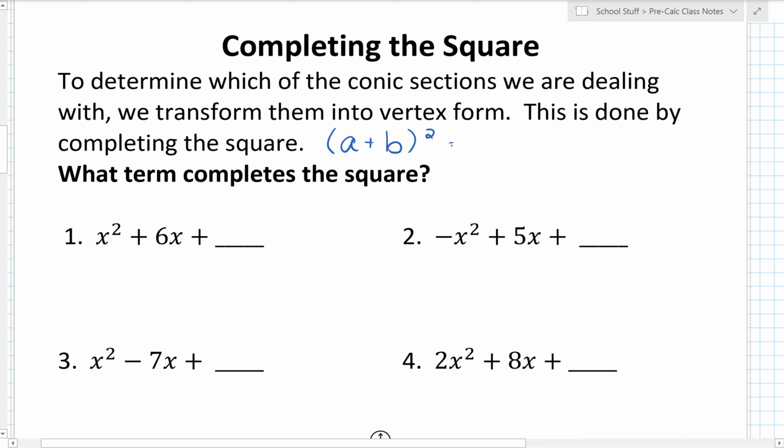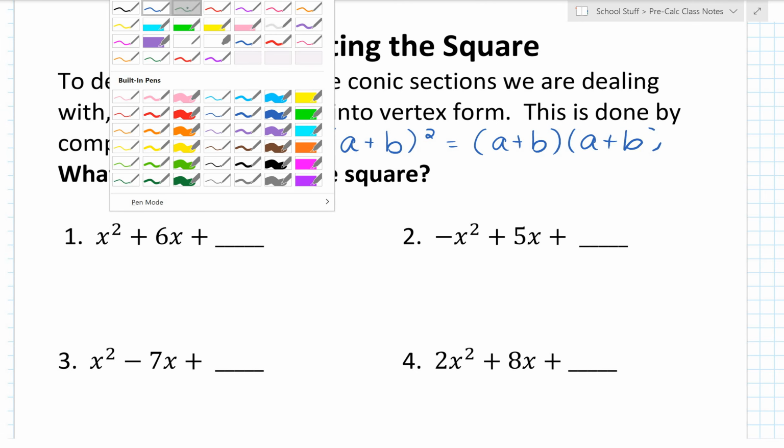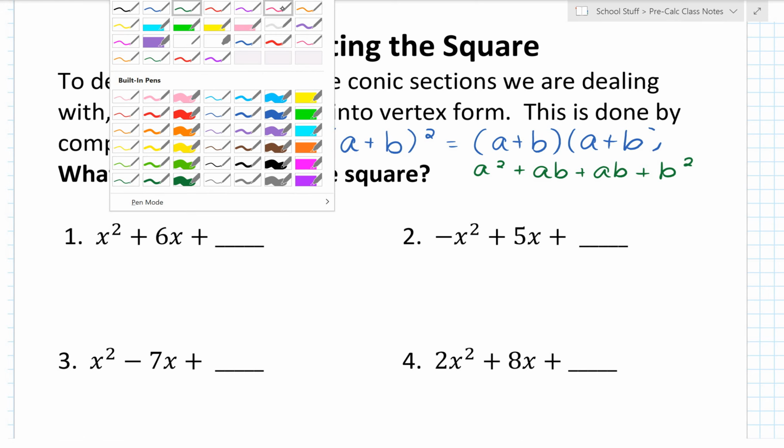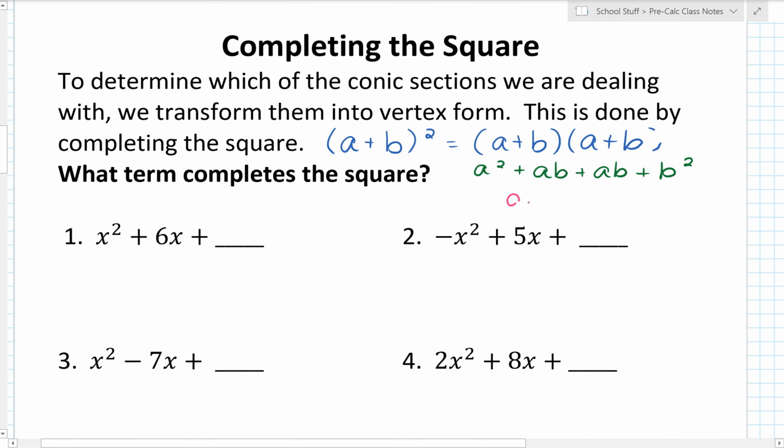If I were to FOIL this out, that's (a + b) times (a + b), I end up getting a squared plus ab plus ab plus b squared. So a perfect square trinomial is something in the form of a squared plus 2ab plus b squared.